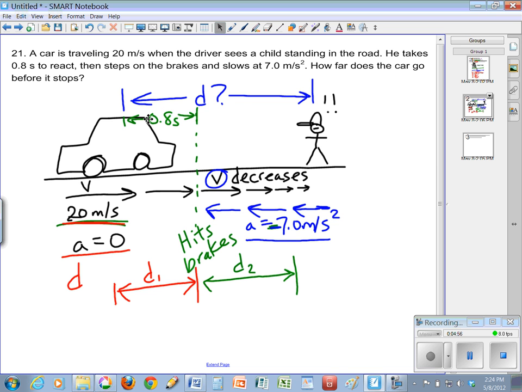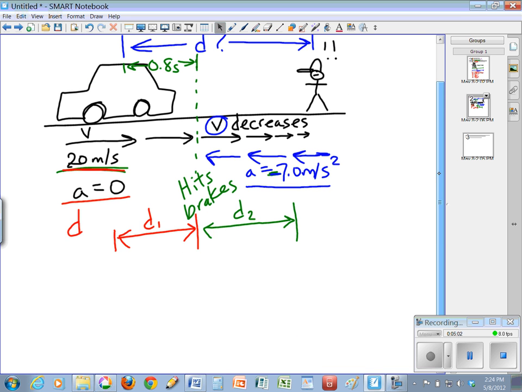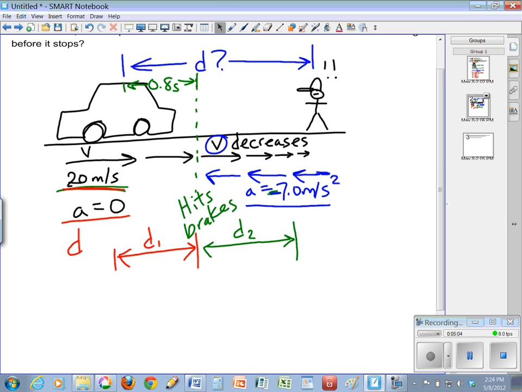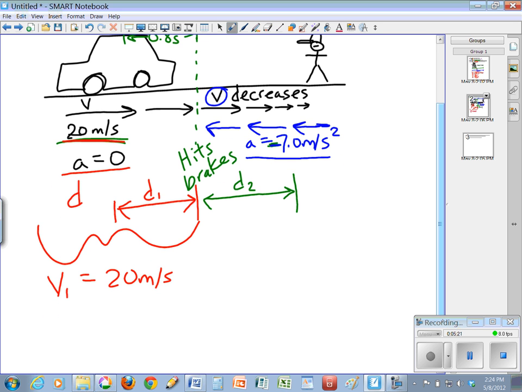So in the first example here, if I just extend this page a little bit, to calculate part one, where the car is traveling at 20 meters per second, I would set this up like this. I would say that the initial velocity is 20 meters per second. The acceleration is 0, or it's constant.